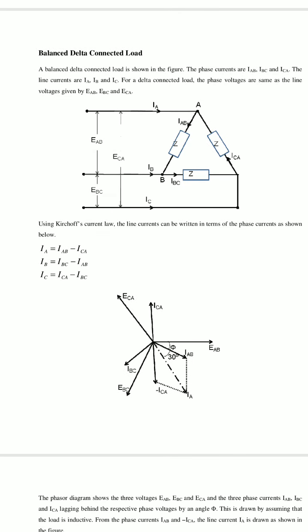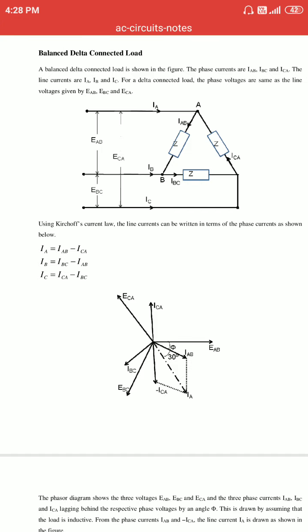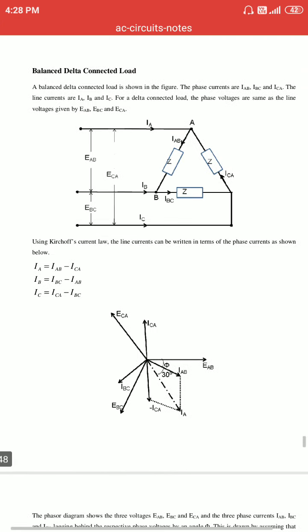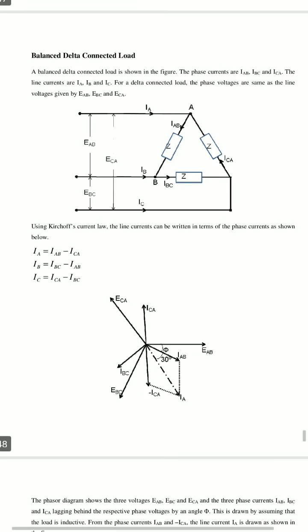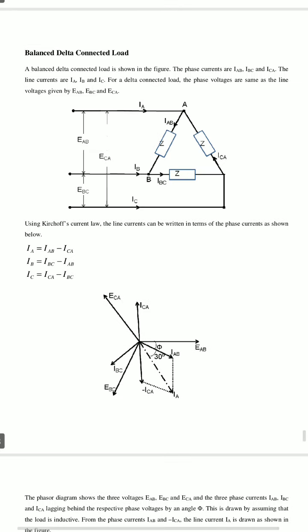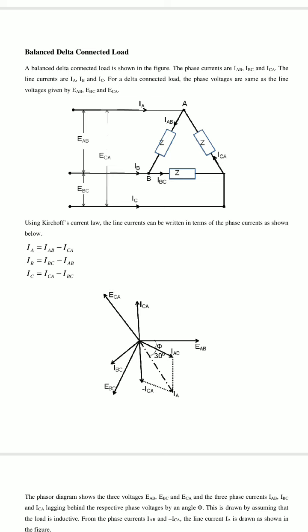Here in the delta connection, the terminals across A, B, C, so the voltage across the AB terminals, EAB, is called the line voltage.